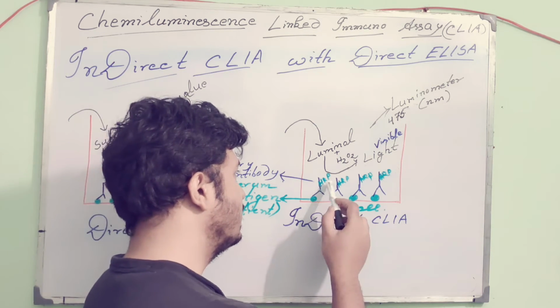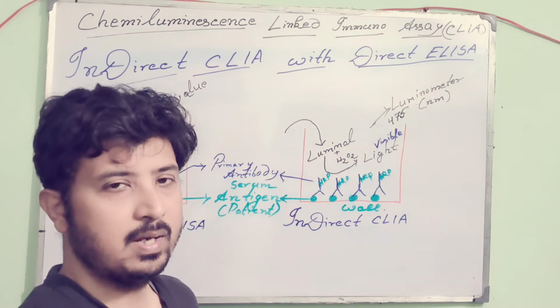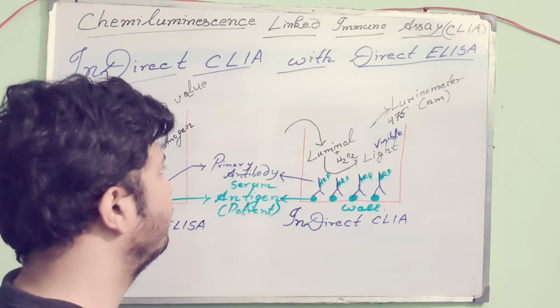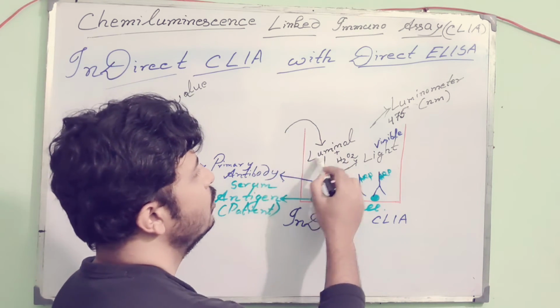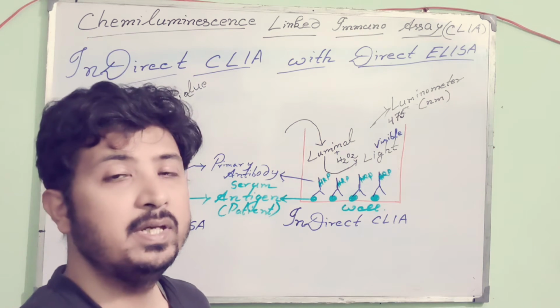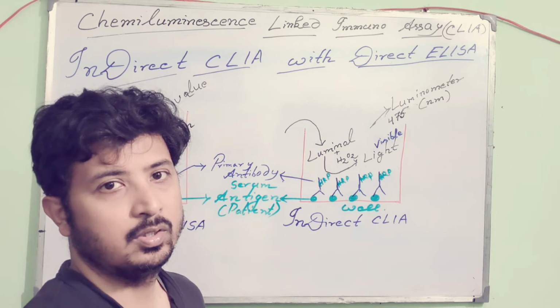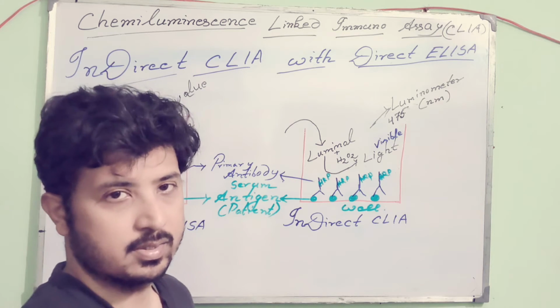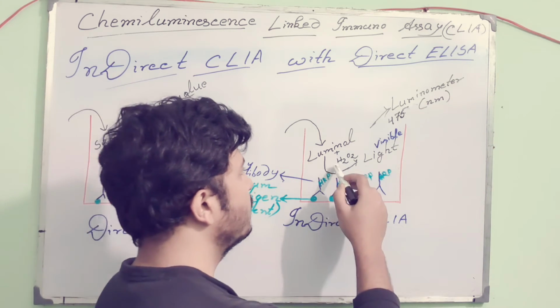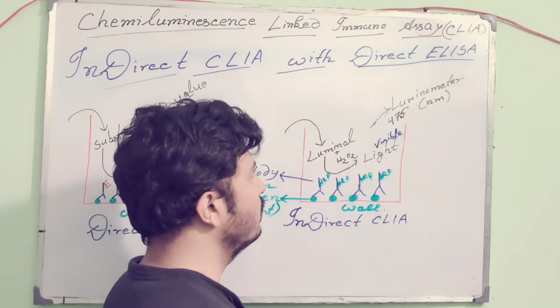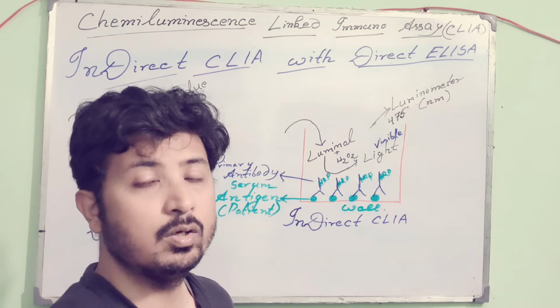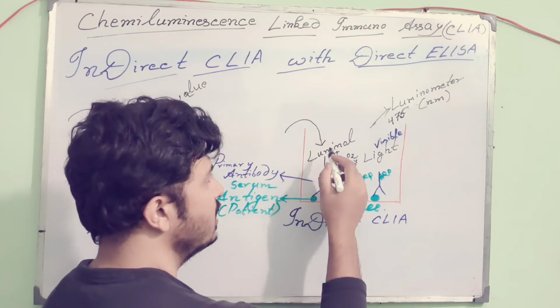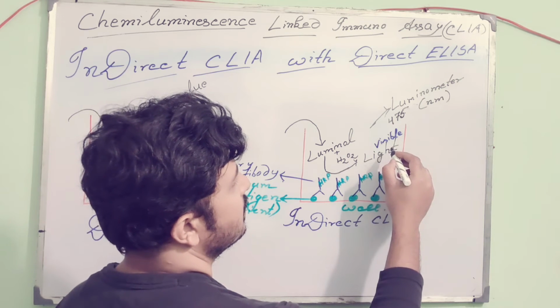The enzyme tagging with the antibody is the same, but the substrate here is luminol. It is a chemiluminescent substrate which will produce chemiluminescence. How? In the presence of H2O2, HRP will act on luminol, so it will decompose the substrate to produce light.